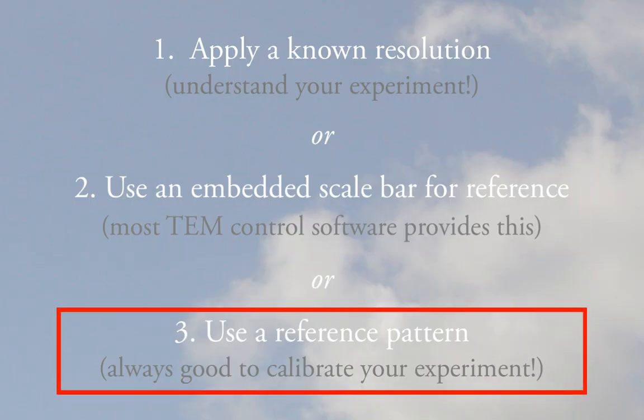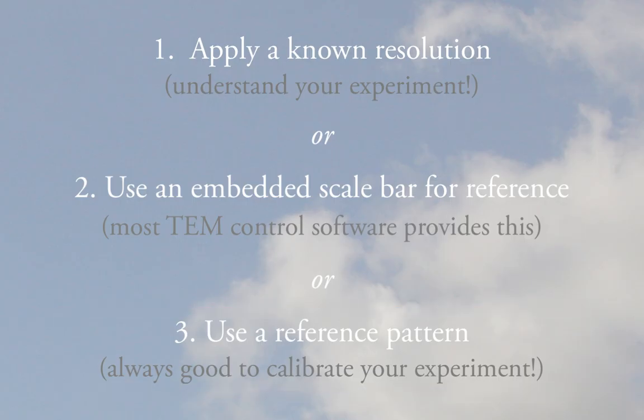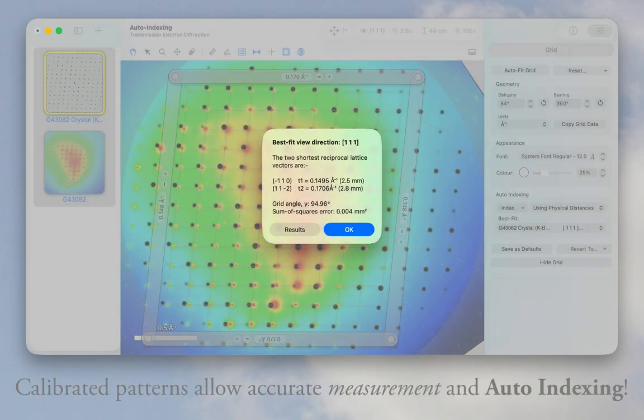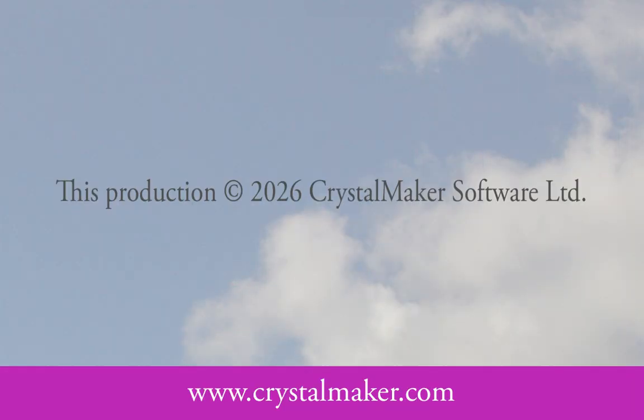Or you can use a reference pattern which you can measure, again using the ruler tool and the Calibrate Experiment button. That should give you a great basis both for measuring your observed data and, in combination with a crystal structure, for auto-indexing. We hope you found this useful.